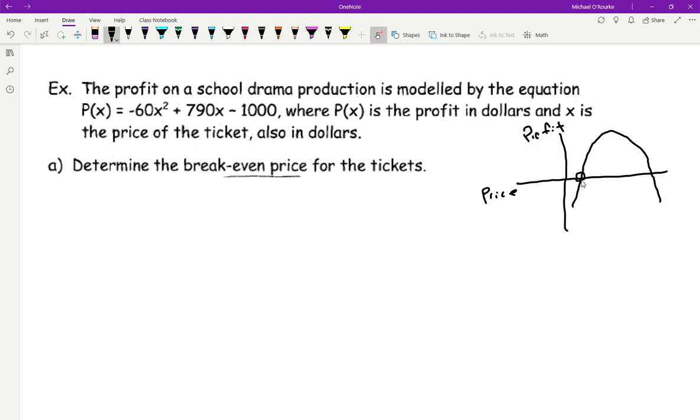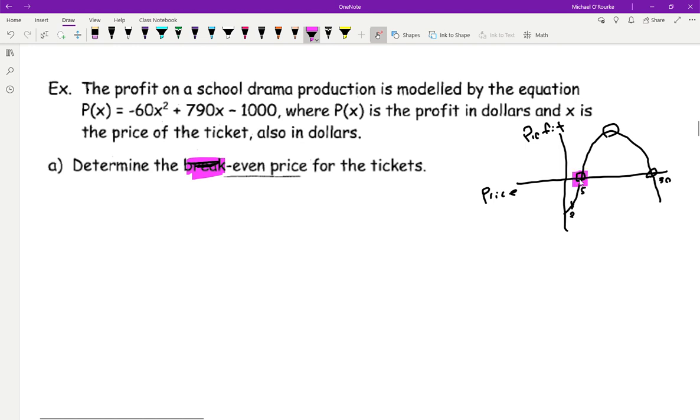Let's say, for argument, $5 a ticket. I could put this show on and sell tons of them for $2 a ticket, but I'm not going to make money. But also, I could try to sell it for $30 a ticket, but no one's going to show, only so many people are going to show up, and I'm going to lose money. So there's going to be a sweet spot here where I gain money and I make the most money in the middle. Okay? So these points here are called the break-even points.